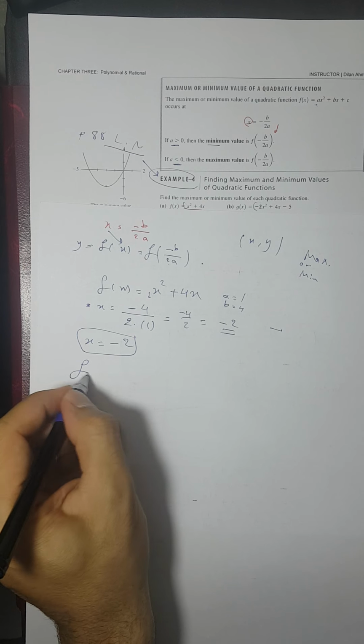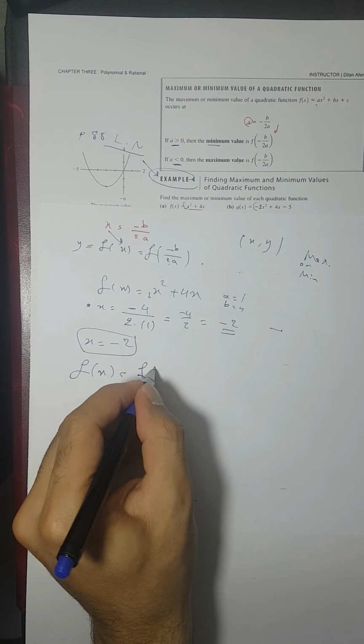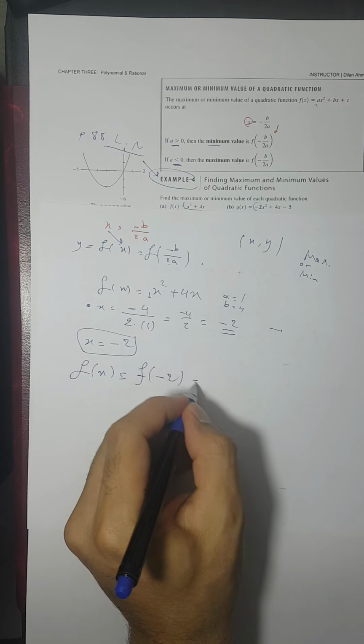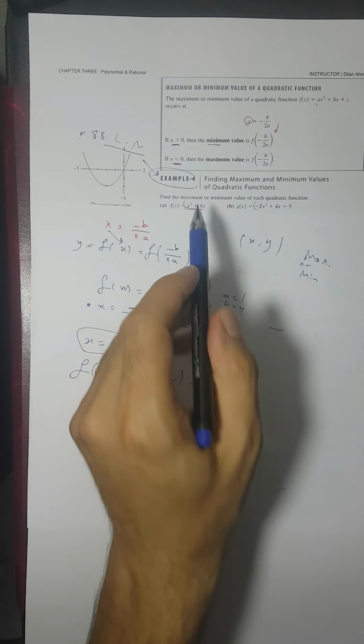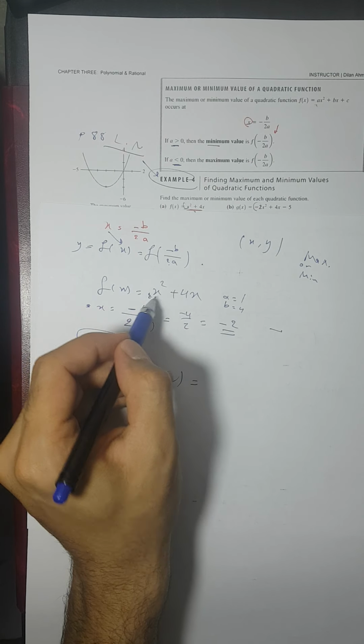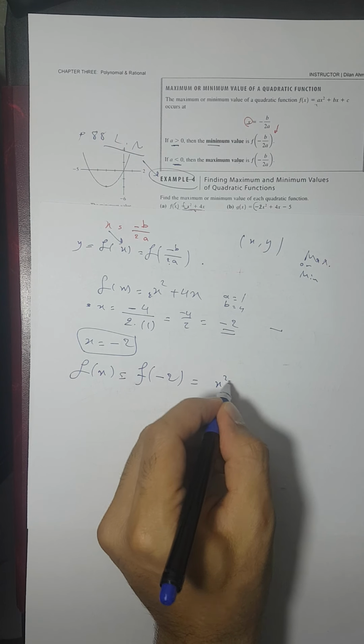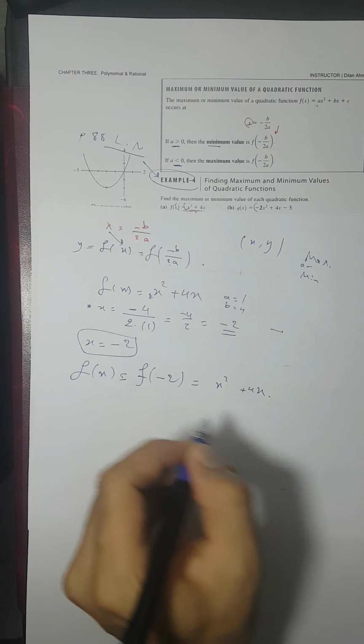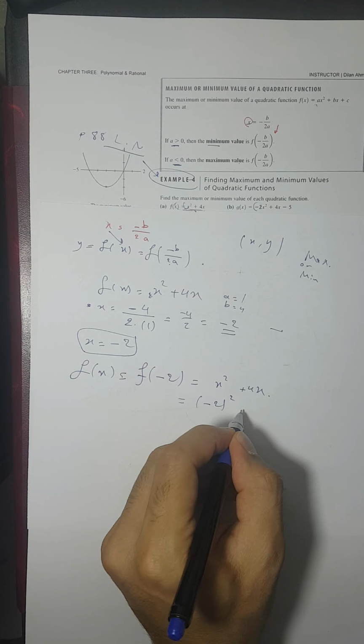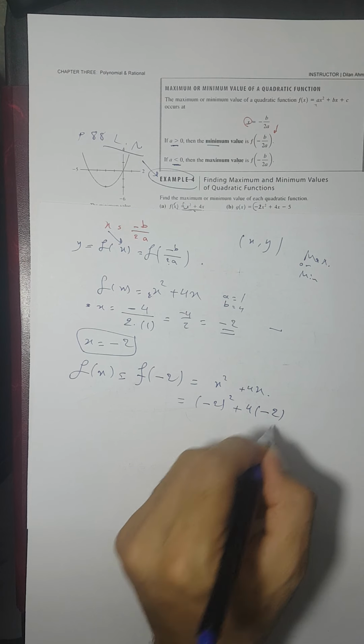Now, how about f of minus 2? Putting it in the original function, I have x squared plus 4x, which means minus 2 squared plus 4 multiplied by minus 2.